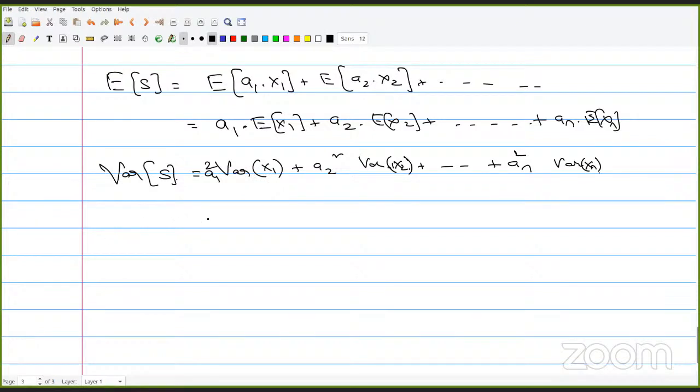Okay. Now let me introduce IID here. What if my x1, x2, xn all follow some IID X, where this X has parameters: expected value of X is mu and variance of X is sigma square. Now what happens to my expected value of S?